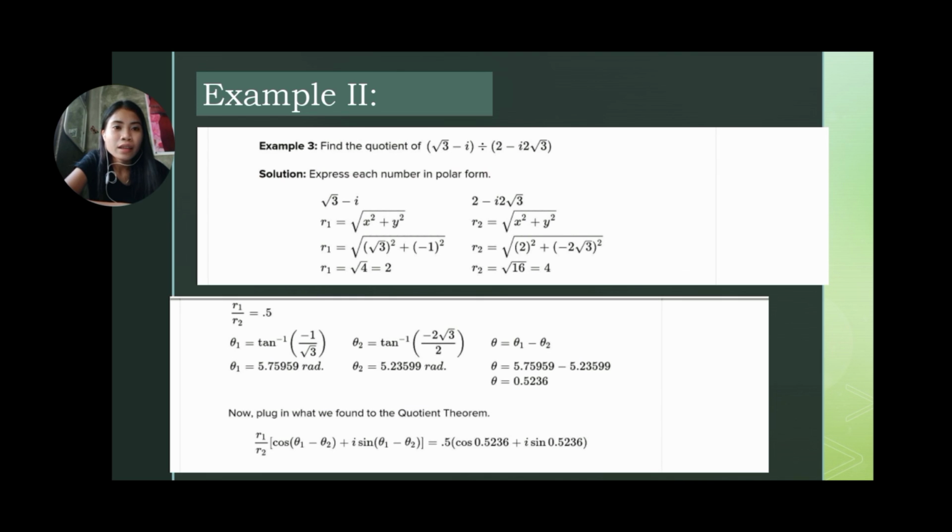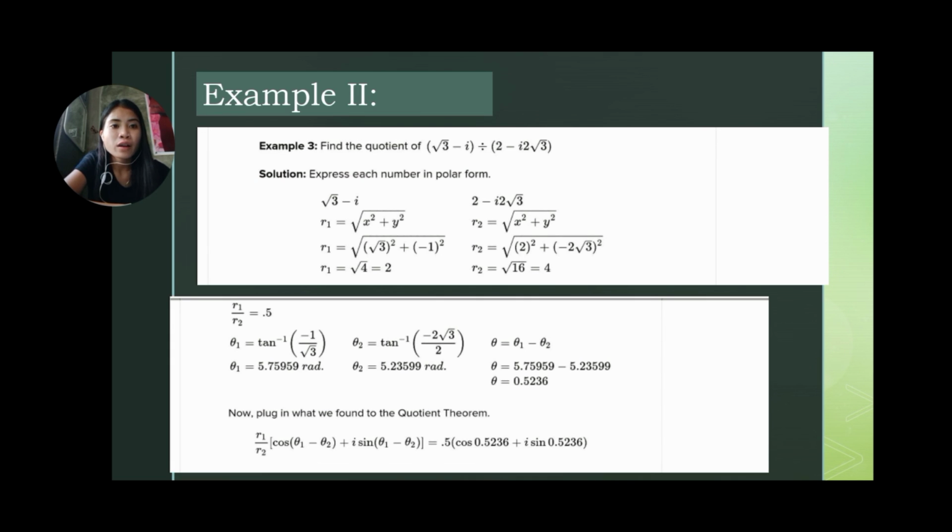And then, the quantity 2 minus i 2 square root of 3 is our r sub 2. In this quantity, our x value is 2 and our y value is negative 2 square root of 3. Supply those values to the formula: r sub 2 is equal to the square root of 2 squared plus negative 2 square root of 3 squared.